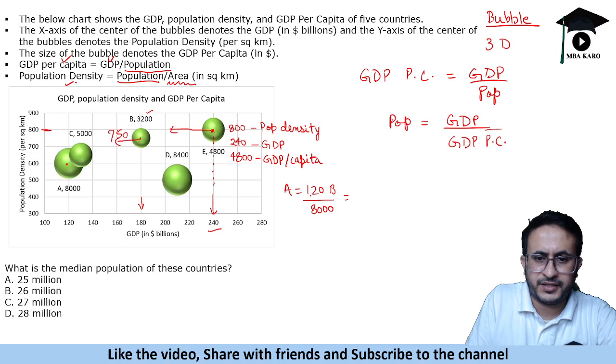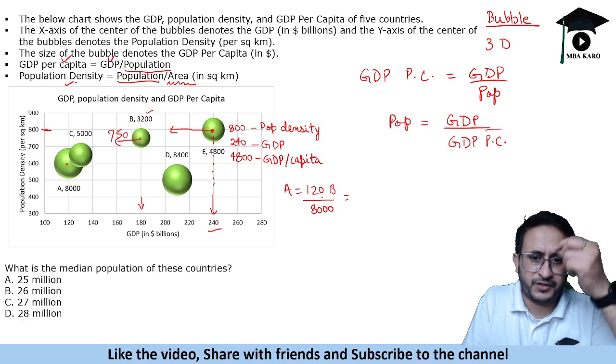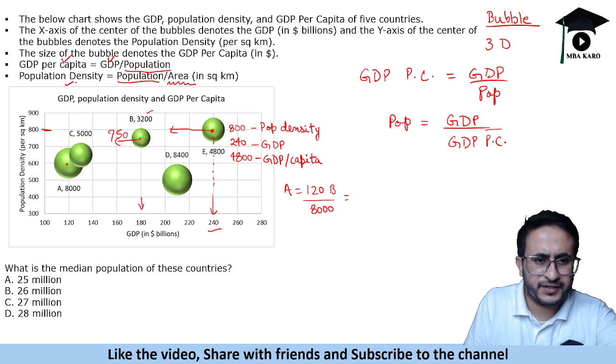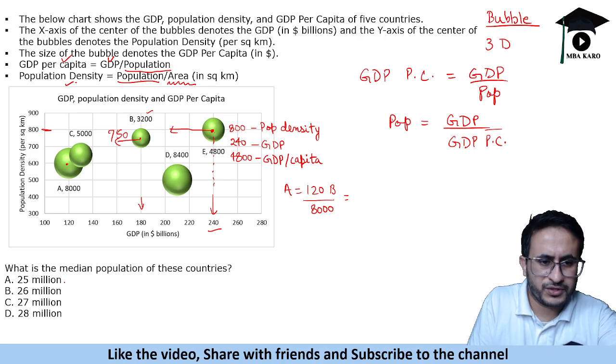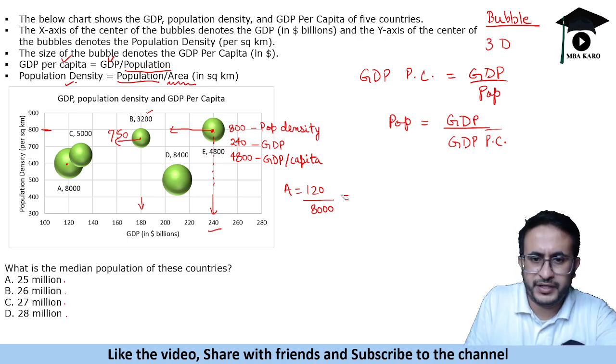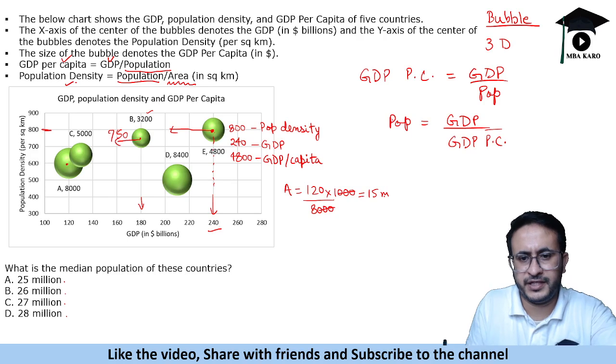You can remove, like 1200 is 15. So let's convert into millions so that we get the population in millions, because if you see the values, they are mentioned in millions. Okay, so 120 into 1000 million is the GDP, and 8,000 is this. So you will get the population of A is 15 million.